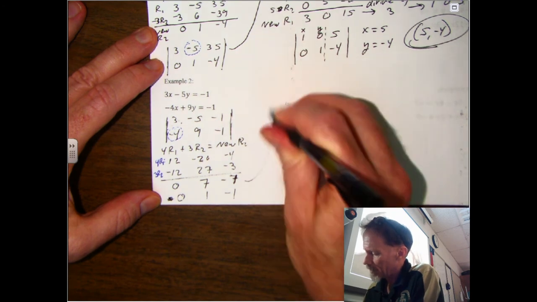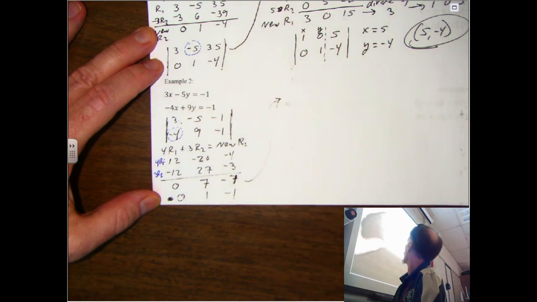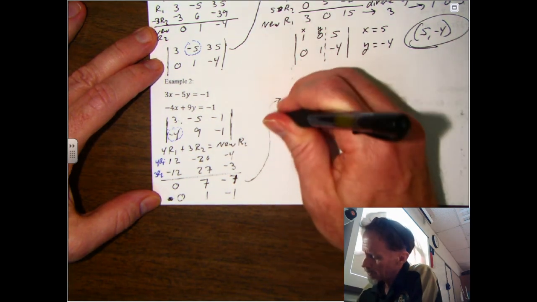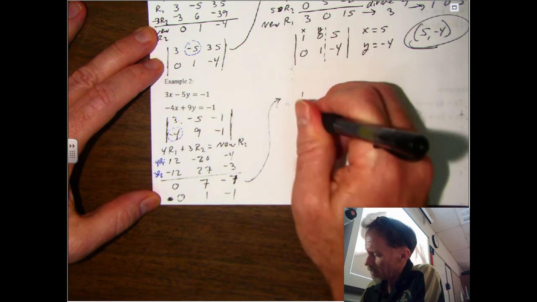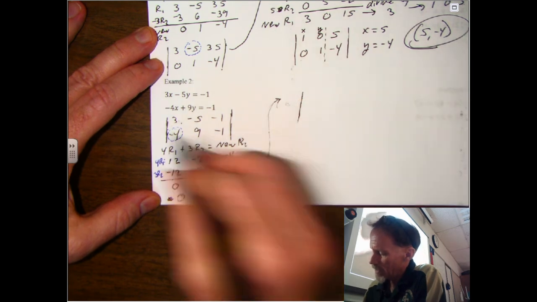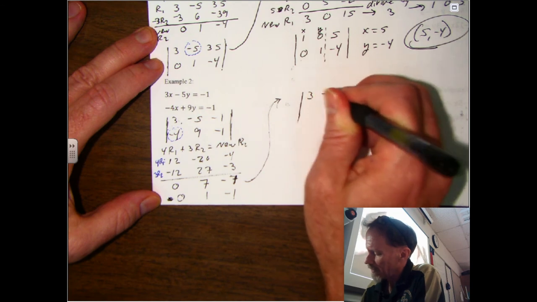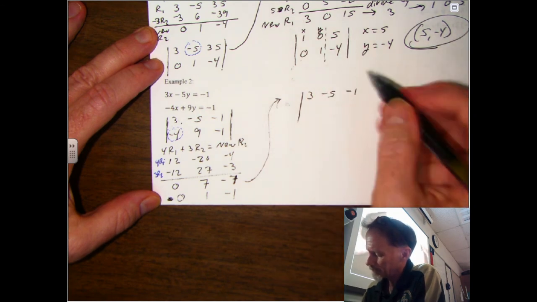Okay, so I'm going to come up here and I'm going to make my new matrix. So row 1 hadn't changed: 3, negative 5, negative 1.